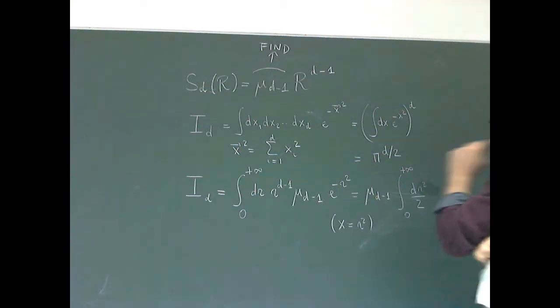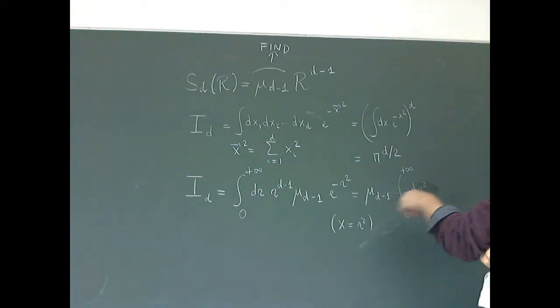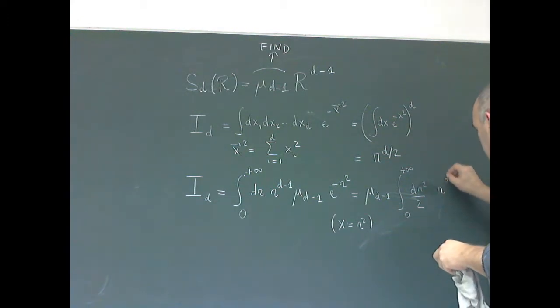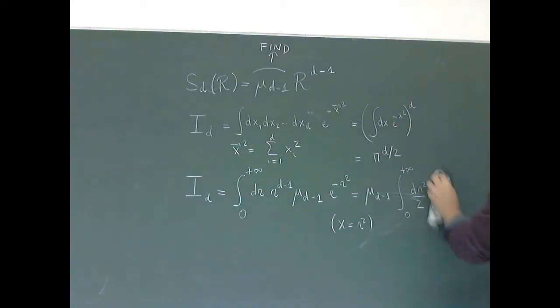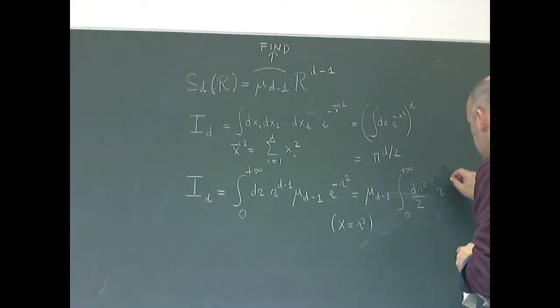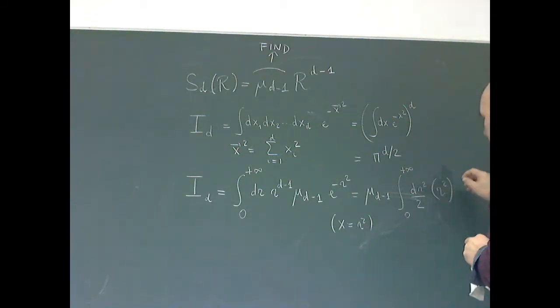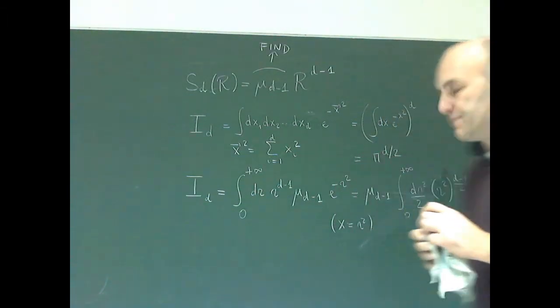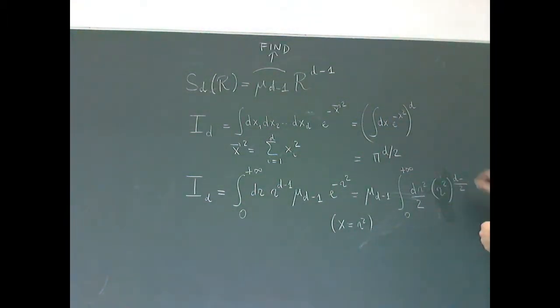For the time being, let's leave it like that. So this is r dr. The r, I get from here, and it's a simple change of variable to see that this can be written also as r squared to the power d minus 1 divided by 2, that is, d minus 2 divided by 2, times e to the minus r squared.